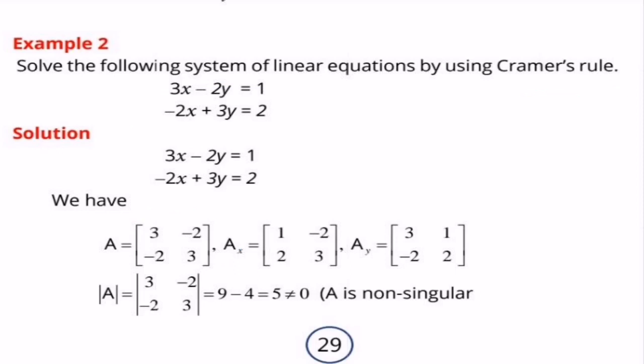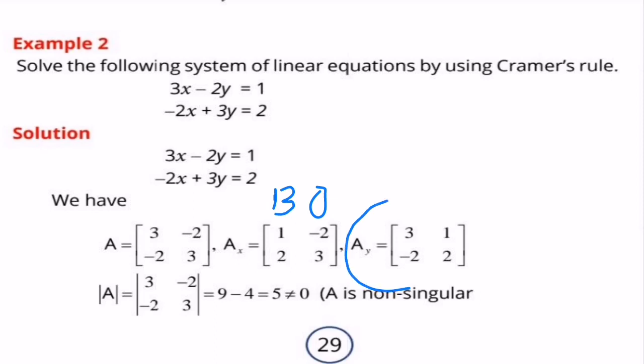AX is the matrix 1, 2, meaning the first column will be the B matrix and the second column will be the coefficients of Y, minus 2 and 3.